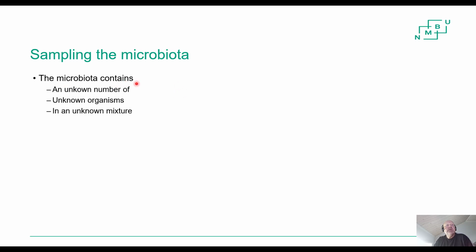So the microbiota contains an unknown number of unknown organisms in an unknown mixture. And this is the headache we have to struggle with, right? When we do metagenomics, we sample from an environment. We don't know which organisms we sampled, and how many they are, and how they are composed relative to each other. So all these are unknown to us.